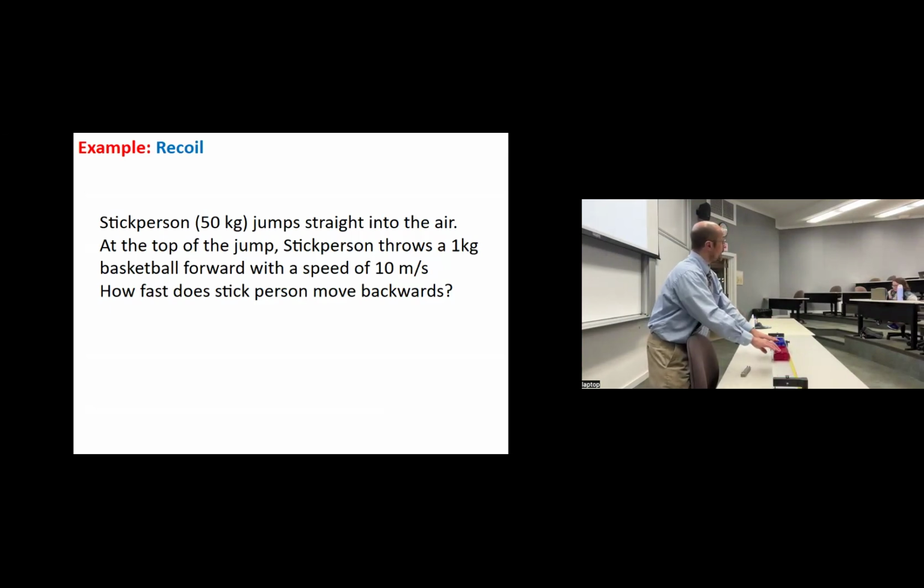Initially, before I push the button, the system velocity is 0. Then after the event, the cars move away from each other, but they will move away in such a fashion that the change in the momentum is 0. So you had 0 momentum before, you have 0 total momentum after.